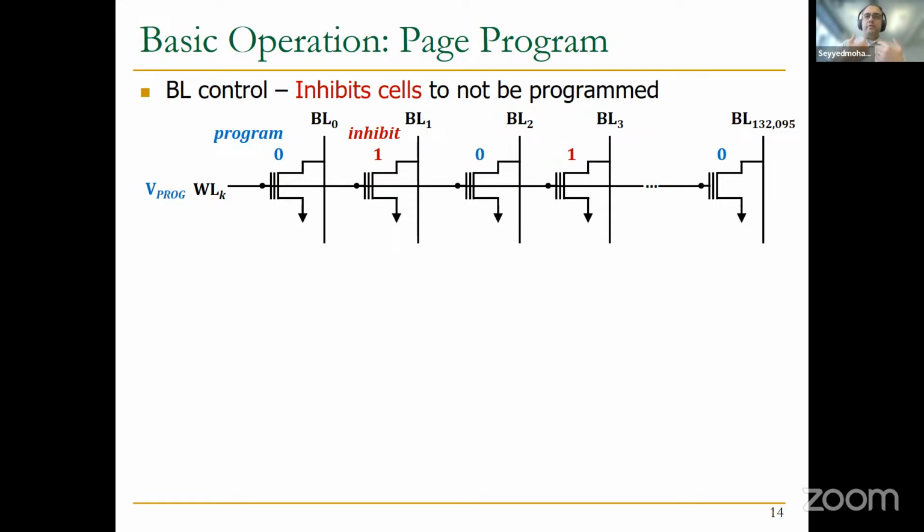So when you want to program a page, you only need to program those cells that need to store 0. Otherwise, you don't program the other cells. So you should have a technique to inhibit those cells that you don't want to program. We approach that by applying VCC to those bit lines, and to the other bit lines you apply ground, and then you can program.